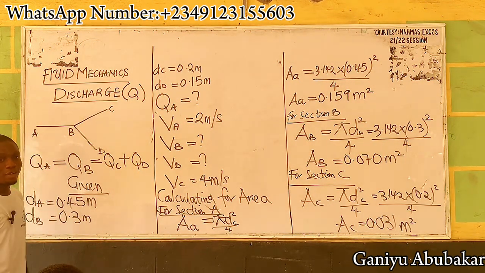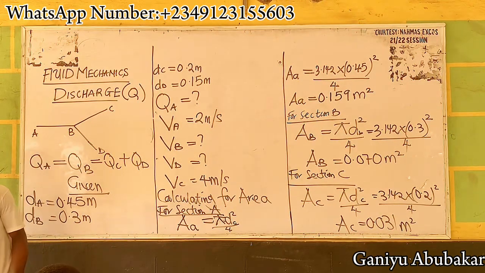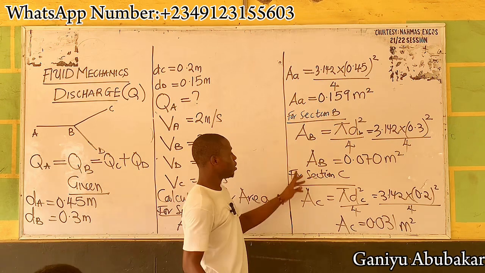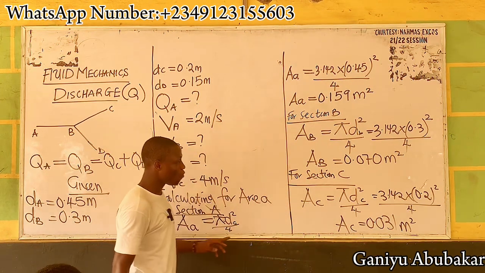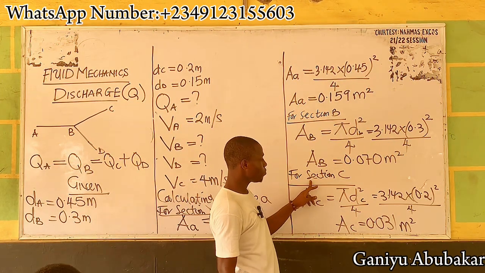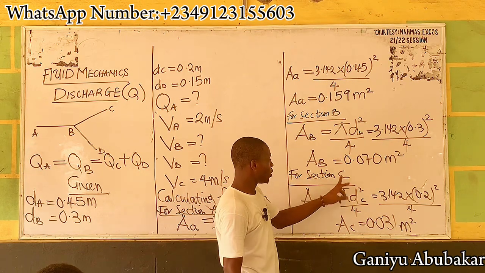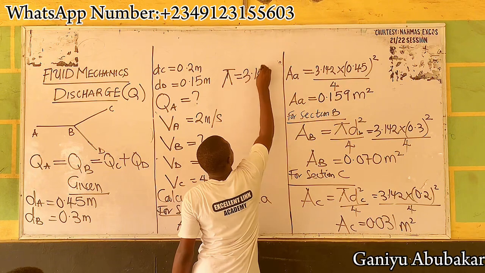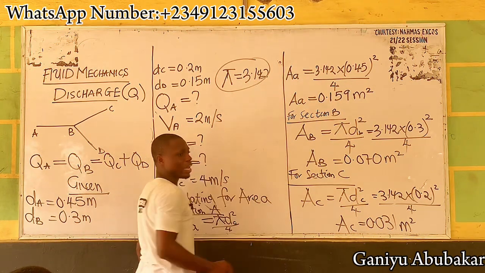Okay, copy down, please. This pi you're seeing, pi is a constant. It does not change anywhere you go in life.